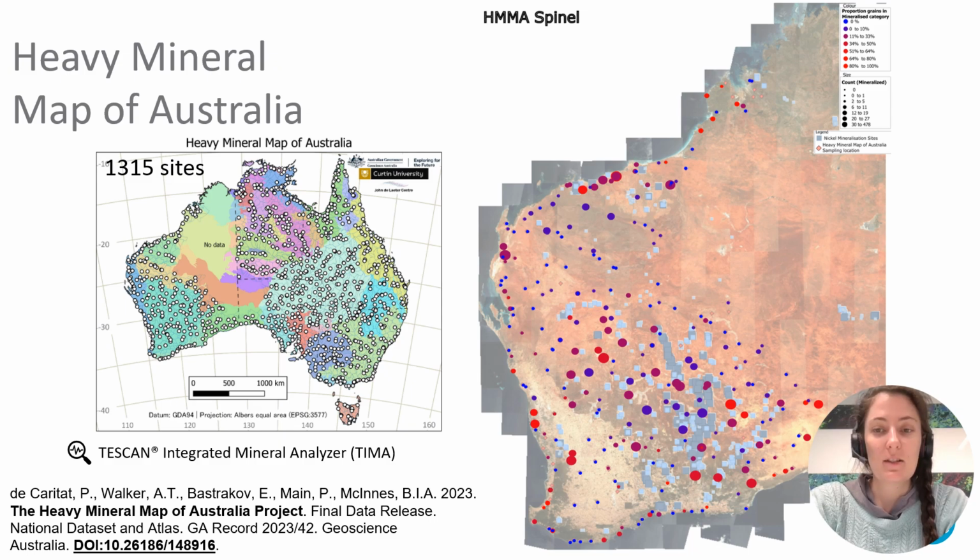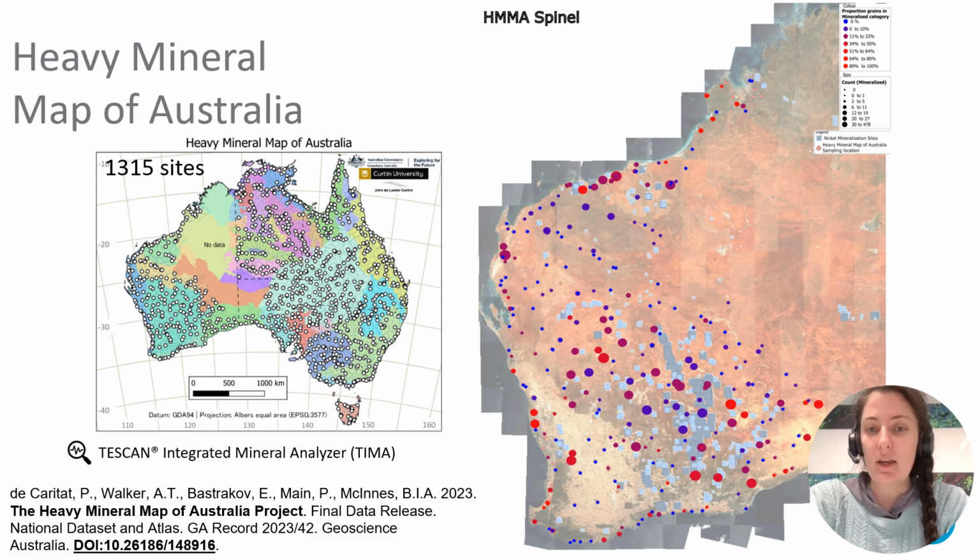And this is all TEMA data, so I was able to have access to the TEMA data, extract all of the major element quantification of the spinel and run it through the machine learning models, which gives us an indication of whether or not the spinel was associated with a mineralized intrusion.